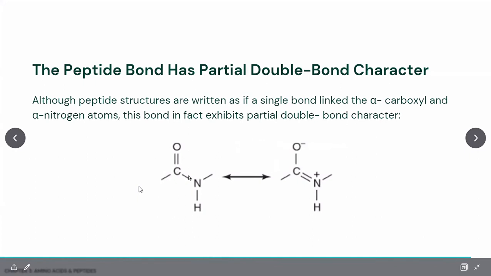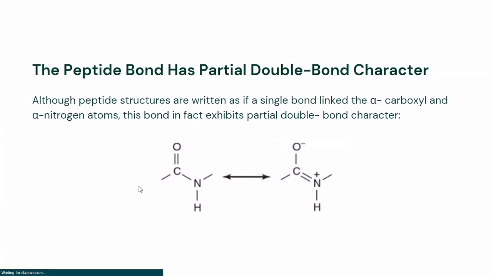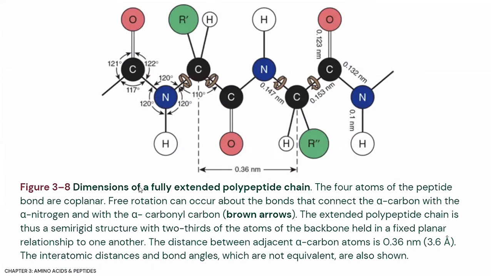Partial double bond character means that you cannot turn this nitrogen or carbon around on its axis, because it acts like 2 bonds. It is planar, existing on one plane, but it has a double bond character. So that's one amino acid linked to another amino acid.